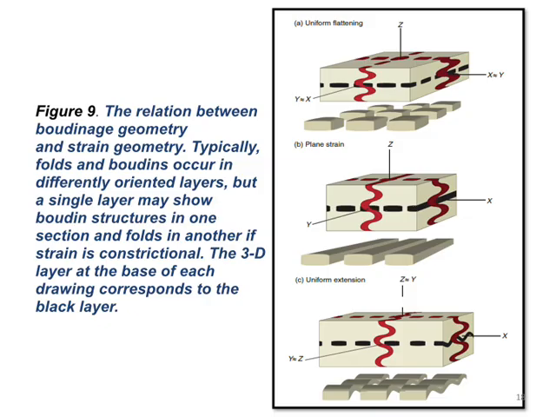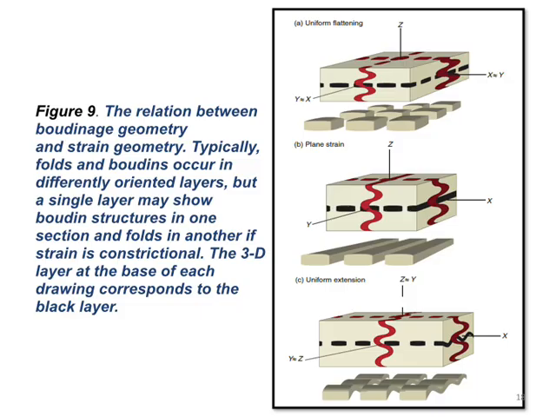What are the key takeaways from this diagram? First, strain geometry governs the type of structure formed in a competent layer. The second one is boudinage occurs when a layer is stronger than its surrounding matrix and experiences differential stretching.